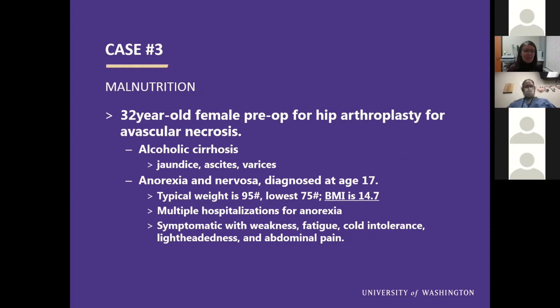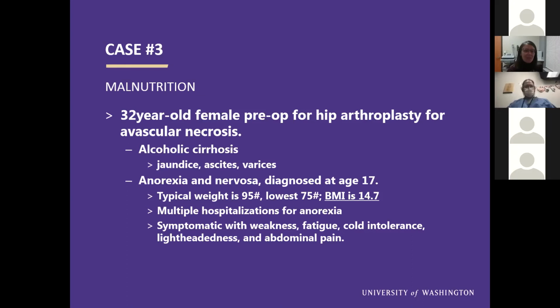All right, let's do a final case. This is regarding malnutrition, and is a patient I saw not long ago, a 32-year-old woman, pre-op for hip arthroplasty for avascular necrosis. She has alcoholic cirrhosis with jaundice, ascites, and known esophageal varices. And as importantly, or maybe more importantly, she has anorexia nervosa ever since the age of 17.